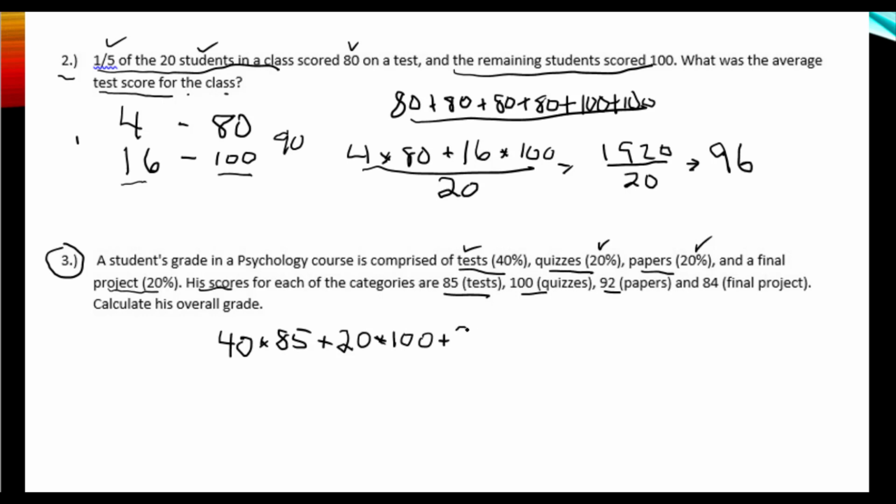So the weight is 20% times 92. Plus the weight would be final project 20% times the data, which he got an 84.